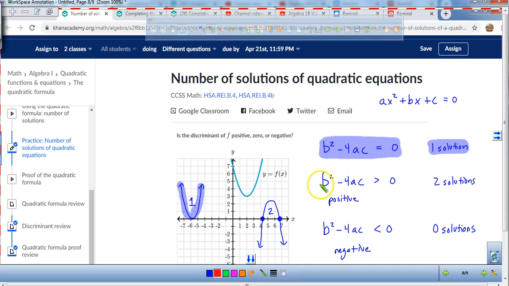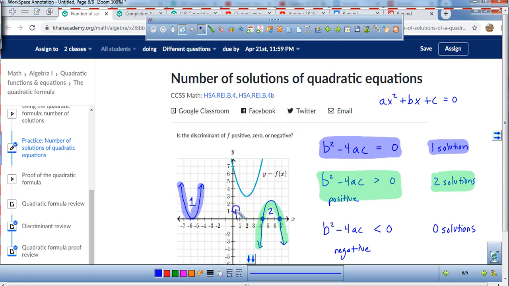If b squared minus 4ac is positive, that means it's greater than 0, and you're going to have two solutions. Now, it doesn't have to open down. It can open up too. You could have a graph that opens up like this, and you have two solutions right here.